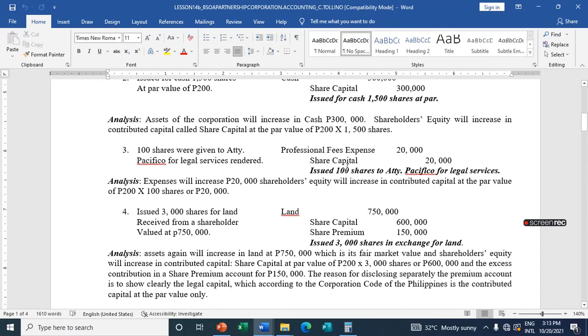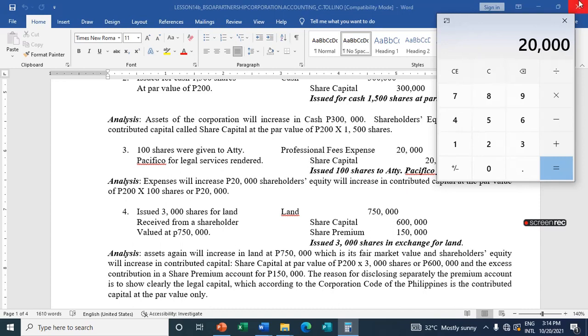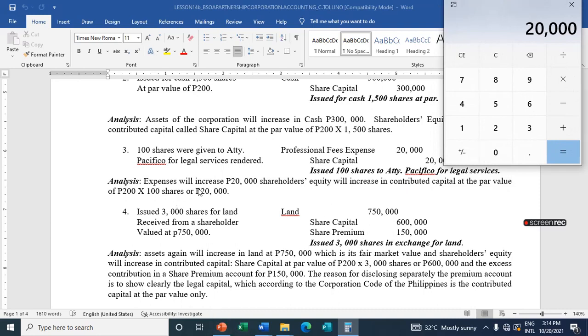The entry on the debit side is professional fees expense, which is considered an expense, amounting to 20,000, because 100 multiplied by 200 gives us 20,000. The analysis: expenses will increase by 20,000, and shareholders' equity will increase in contributed capital at the par value of 20,000 pesos.